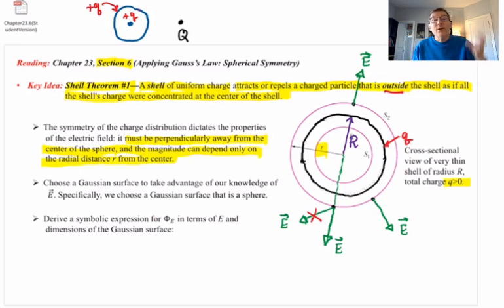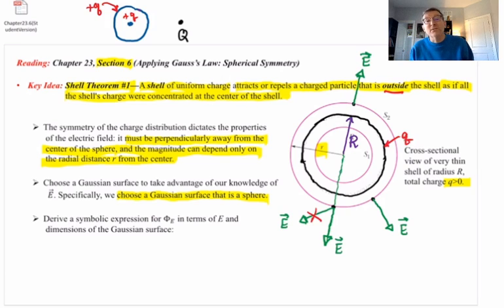With that in mind, we now choose a Gaussian surface to take advantage of that symmetry. So the obvious choice to make, don't overthink it, is a Gaussian surface that's shaped like a sphere, centered at the center of the shell. And you'll see that in cross-section, this figure shows two such Gaussian spheres.